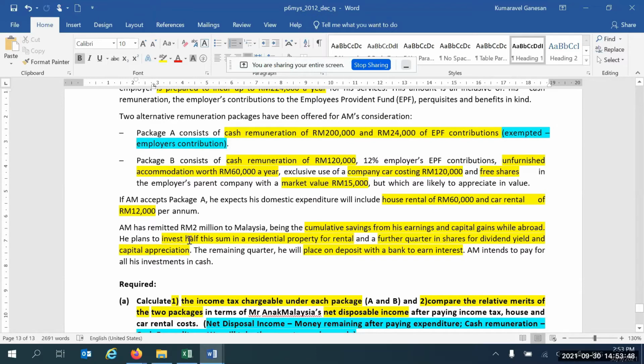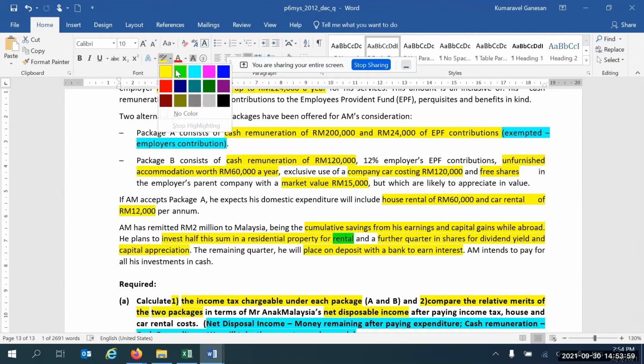So he plans to invest half his sum in residential property for rental. So rental is one. Further quarter in shares. Shares is another one.